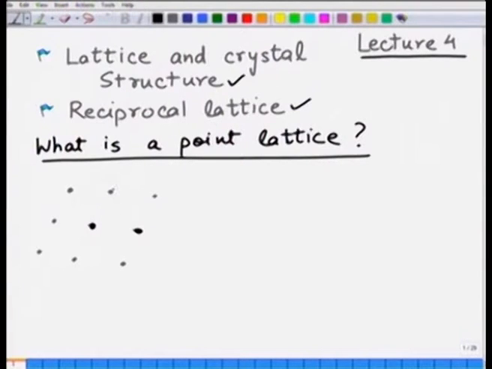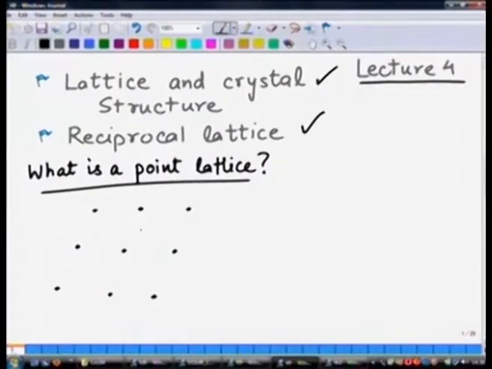If we go to another point, let us say this point, and look in the same direction as I was looking from here, and I find exactly the same environment, the same arrangement of points around here, that means each point in this imaginary array is an indistinguishable point. In any direction you look, I mean you look in a particular direction, not that in each direction the view is the same, the view may be different in each direction, but if you pick a direction, then you stand on any point, you will see the same view. The arrangement of points will look the same. That is really the definition of a point lattice.